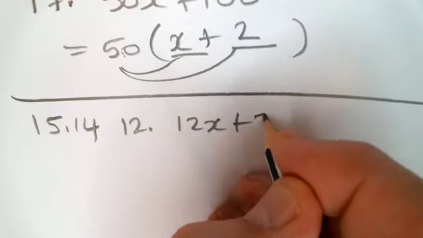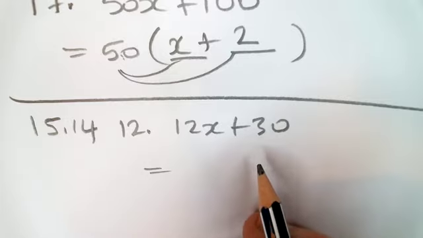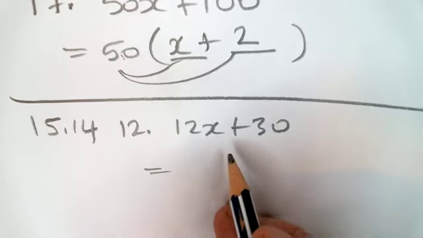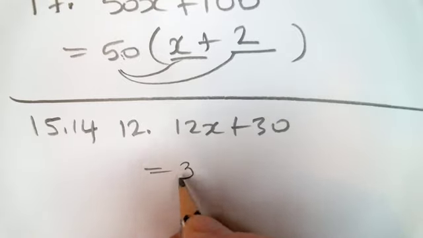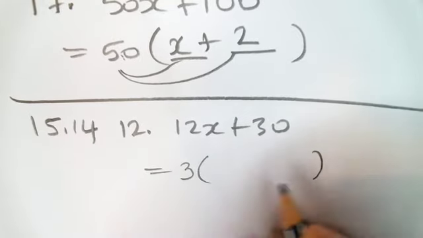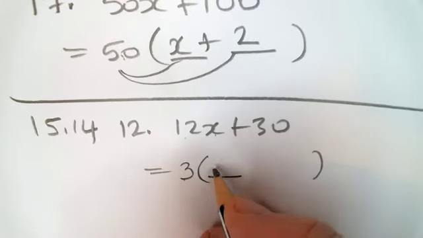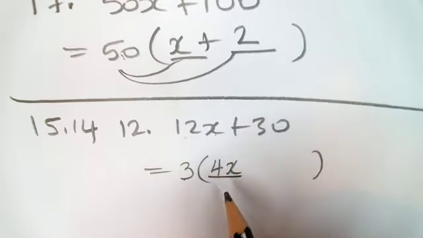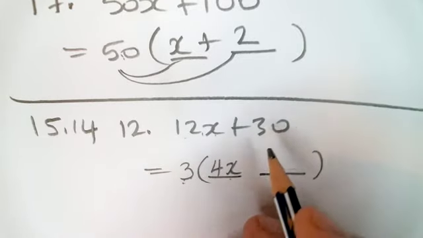It says 12x plus 30. So what's common to these two? Well, both are divisible by 3 in actual fact. So put 3 outside the bracket and say what times 3 makes 12x? It will be 4x, because 3 times 4x is 12x. And what times 3 makes 30?